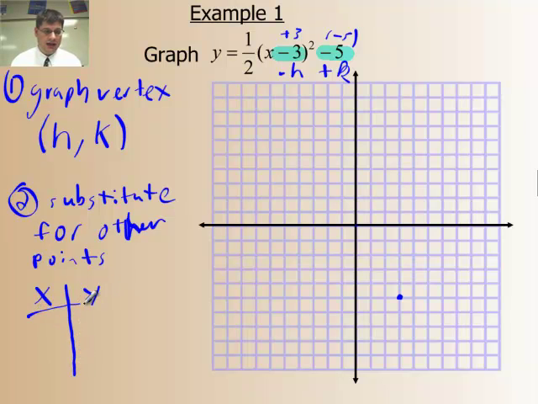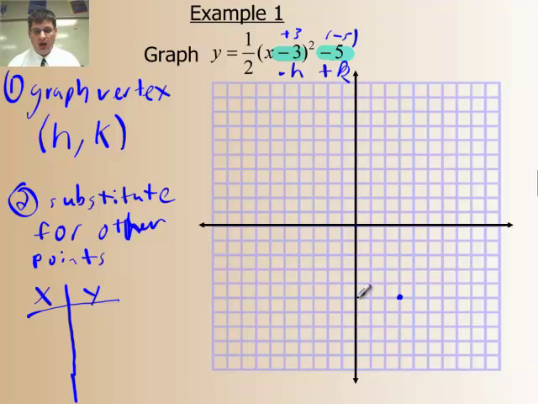We're going to take the same approach we did with standard form. We're going to pick a couple of points to the left, and then we're going to reflect them on the other side. This doesn't have a c value, so we don't know what the y-intercept is. So we actually are going to have to plug these in and work it out.